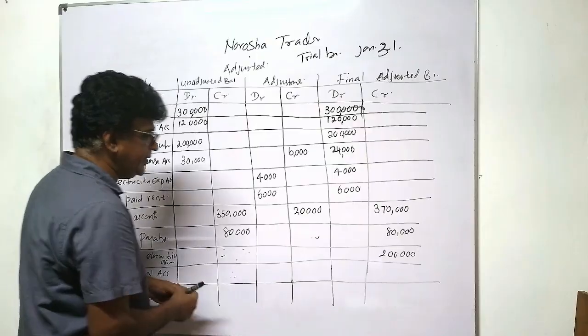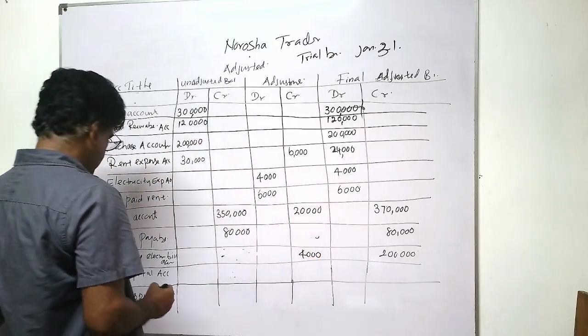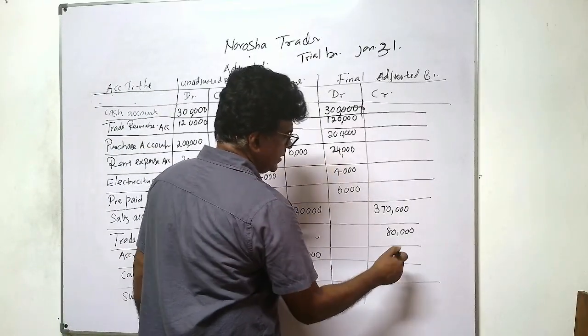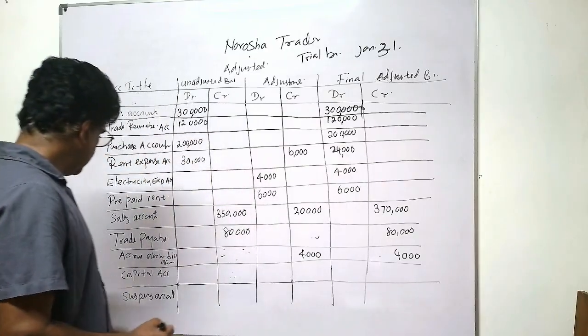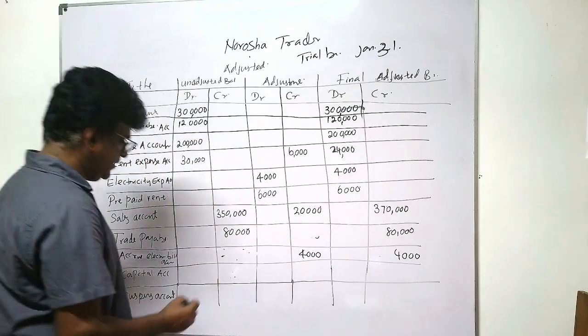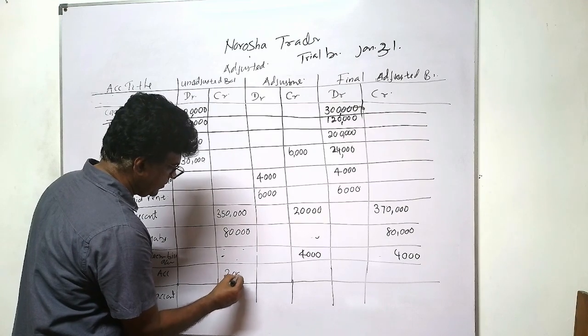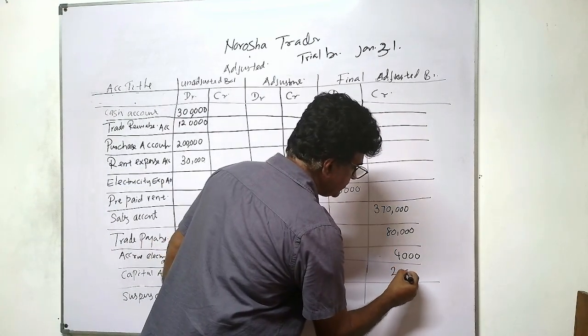Accrued electricity bill is 4,000, and the capital account 200,000 and 200,000.